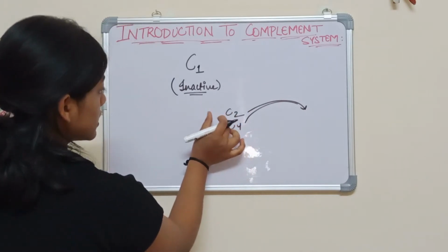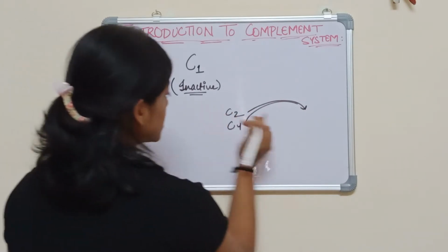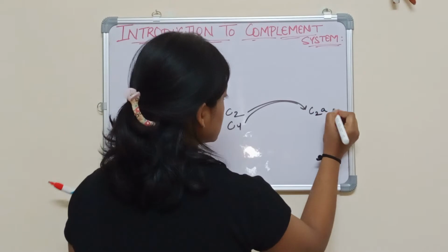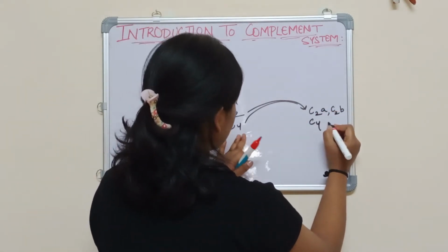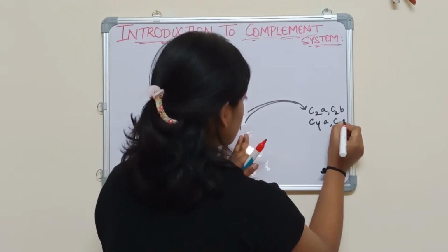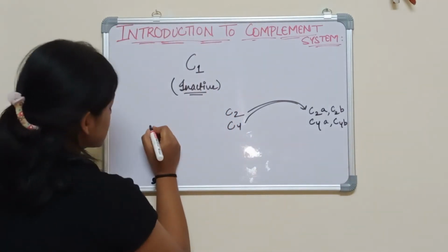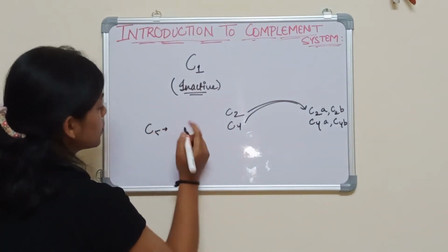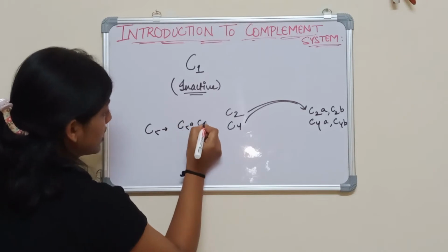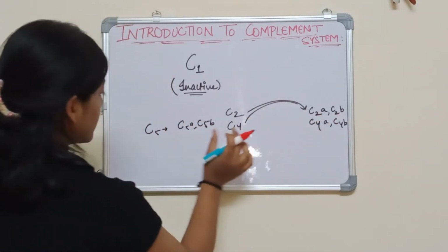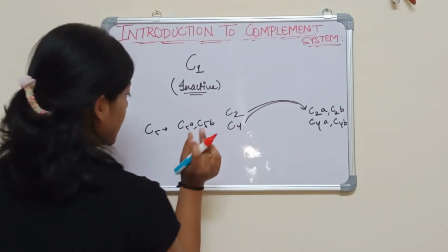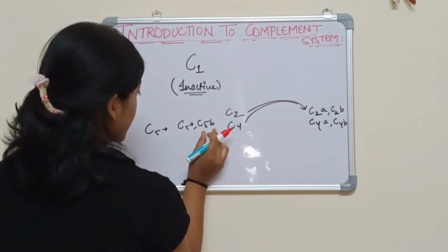C2 will break into C2A and C2B, and C4 is broken into C4A and C4B. Similarly, C5 will be broken into C5A and C5B. So every complement protein has A part and B part. It will be cleaved into A part and B part.